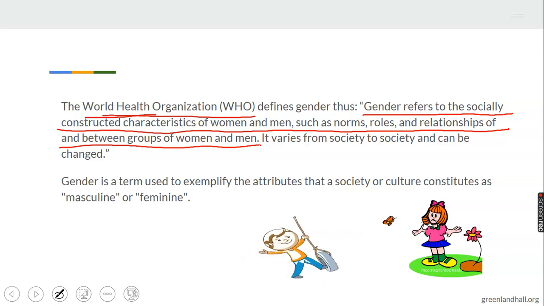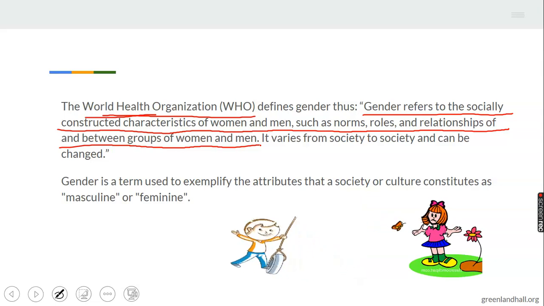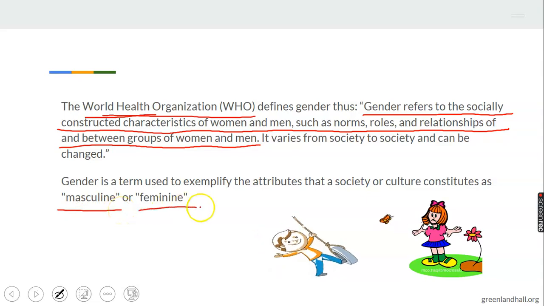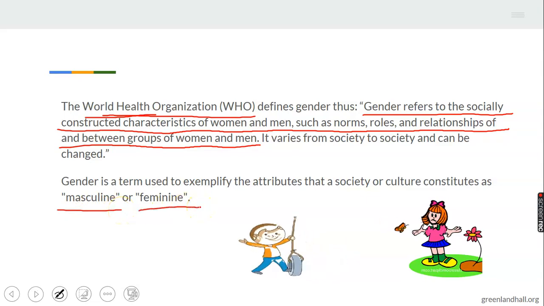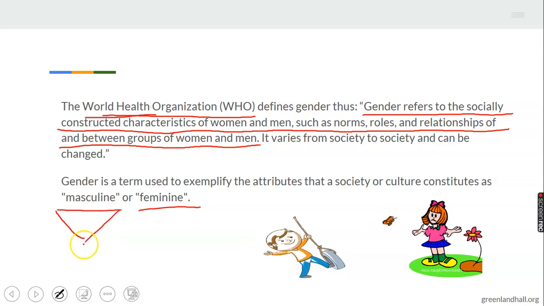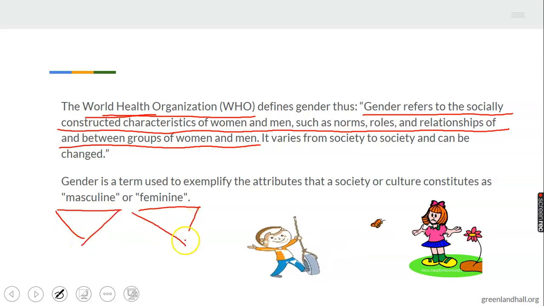Okay, gender is a term used to exemplify the attributes that a society or culture constitutes as masculine or feminine. These are the major words. They group some people as masculine, and then some people are grouped as what? As feminine.